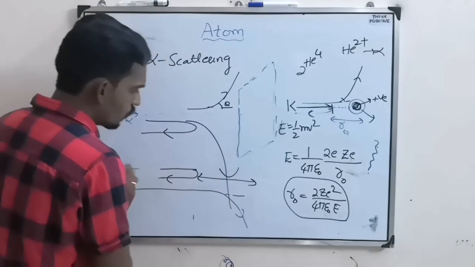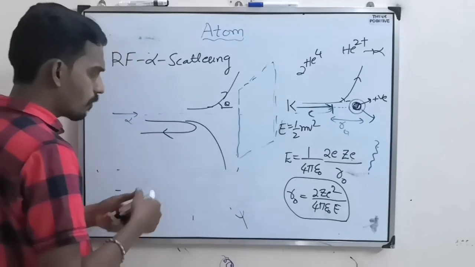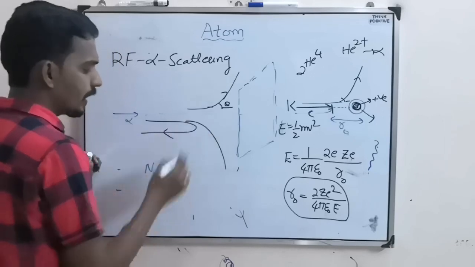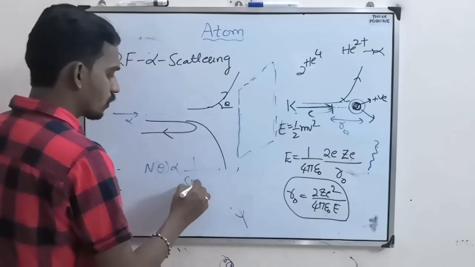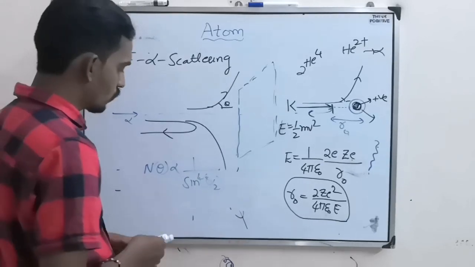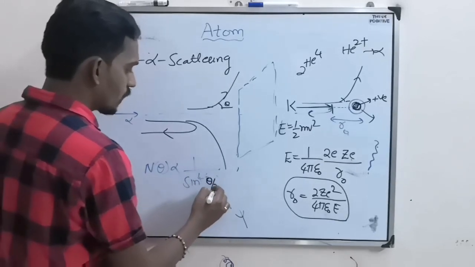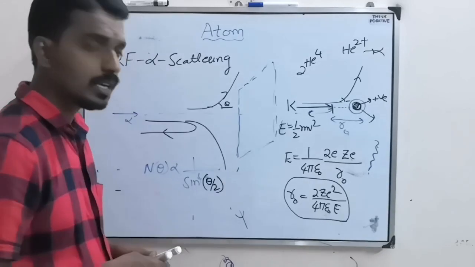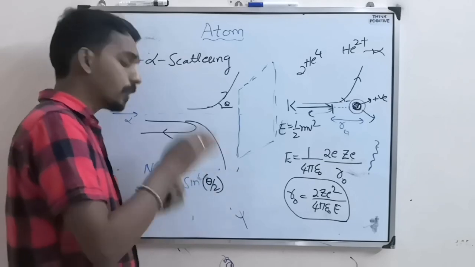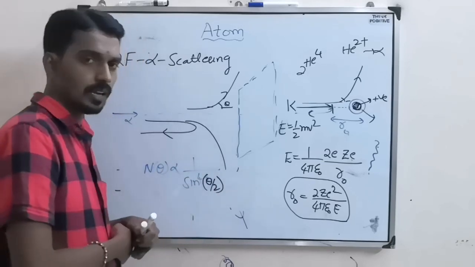And here he gave one more formula: the number of alpha particles deflected at an angle is directly proportional to 1 by sine power 4 of theta by 2. This is the formula for the number of alpha particles that got deflected at an angle theta.